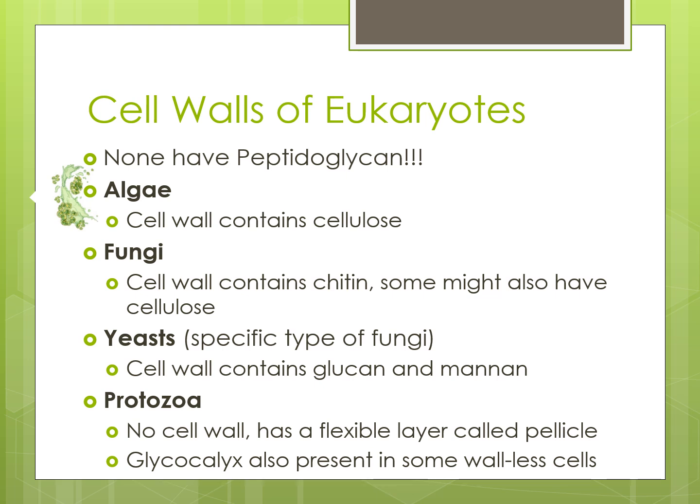So it's going to be a harder outside, a well-designed structure for support of the cell. And all of these components of the cell wall for eukaryotes are going to be carbohydrates or polysaccharides. So they are not peptidoglycan like what we find in prokaryotes.